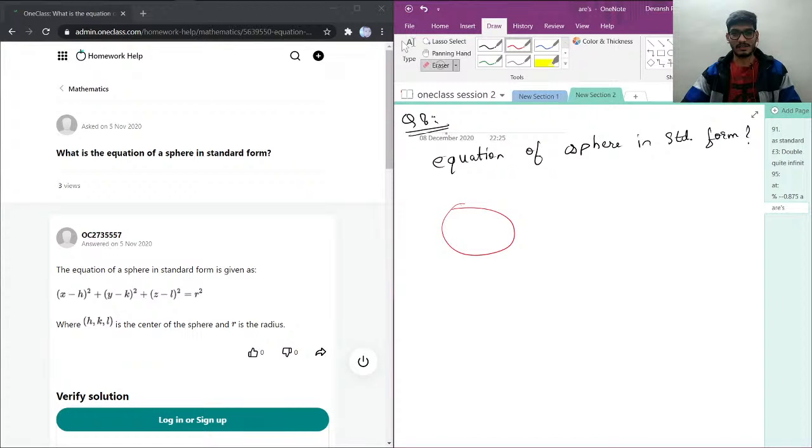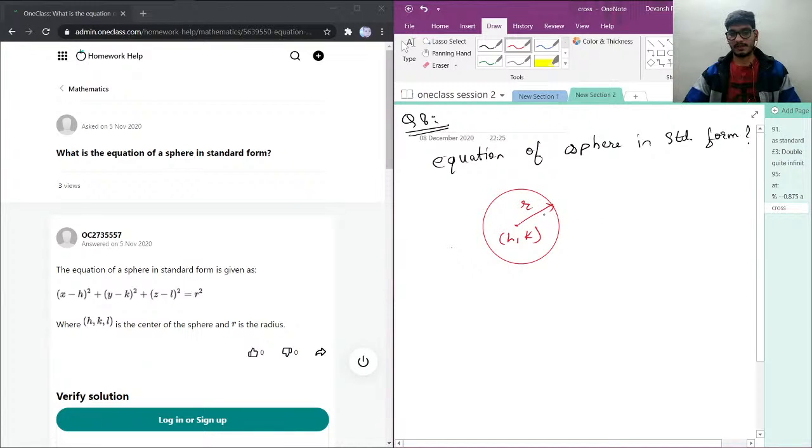This is not a perfect circle, but let's just say this is a circle and this is the center point, and let's say the coordinate of the center point is h comma k, and the radius is r.